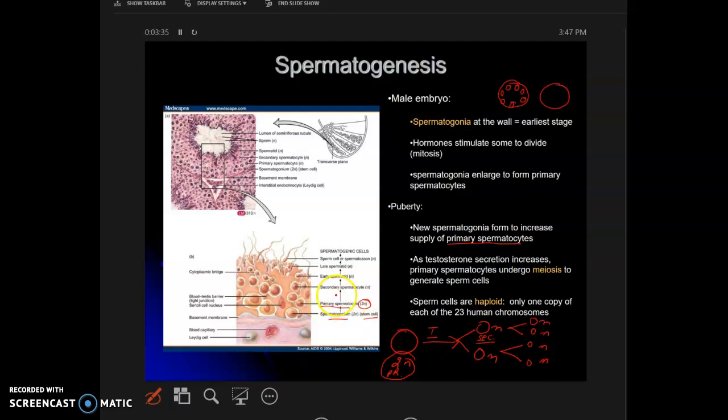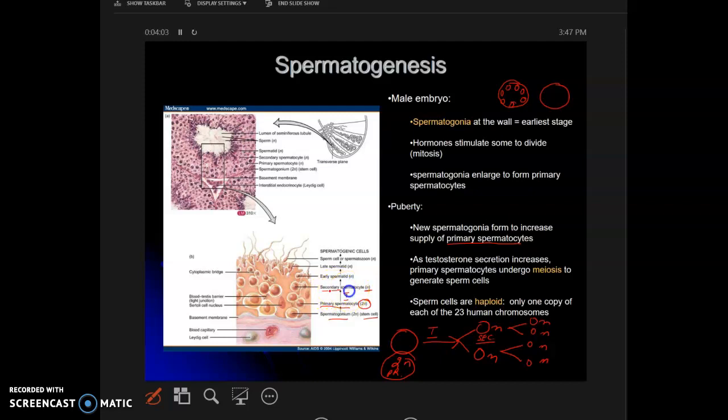The primary spermatocyte undergoes meiosis 1 and forms the secondary spermatocyte. The secondary spermatocyte is always haploid. Keep this in mind. Use this mantra in your head: the minute I say secondary spermatocyte, secondary oocyte, immediately you should know it is haploid. Got it?